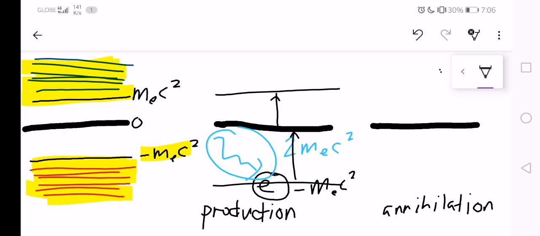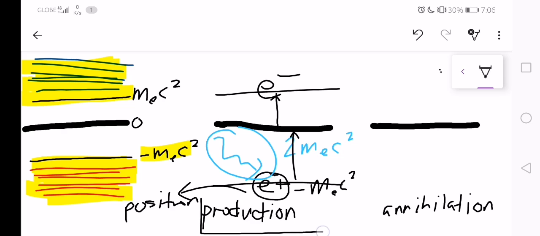Hence, you will produce the electron. The electron that occupied this negative energy state is the positron. In order for it to be converted into an electron, you should give it an energy of 2 m_e c squared. This process is called pair production, an electron-positron production.